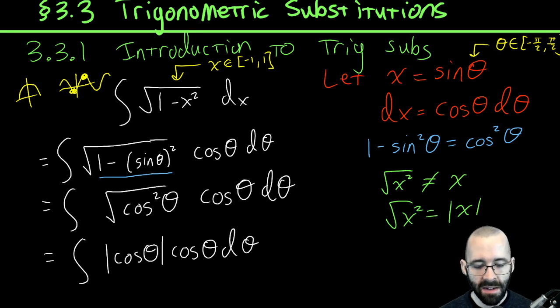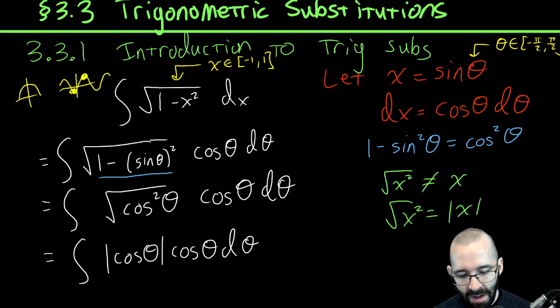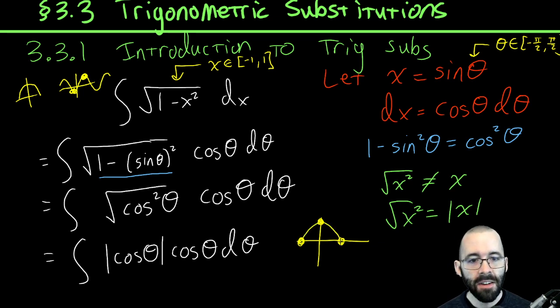That's great. Well, what do we know about cosine on that interval? This is negative pi over 2. This is pi over 2. On that interval, cosine is at least 0.